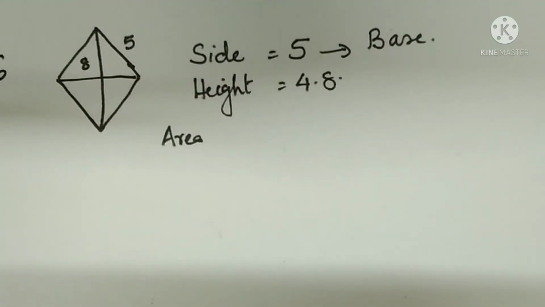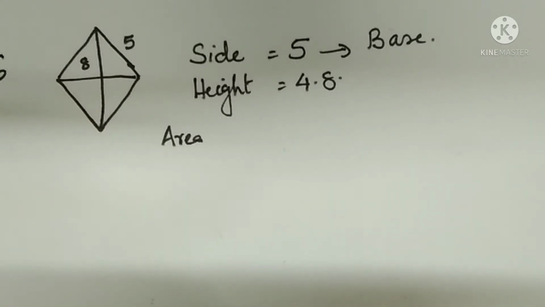This question also can be done in a different way. That is, if you consider the rhombus as a parallelogram. When we learned about different types of quadrilaterals, we learned that every rhombus can be considered as a parallelogram, but all parallelograms are not rhombus.